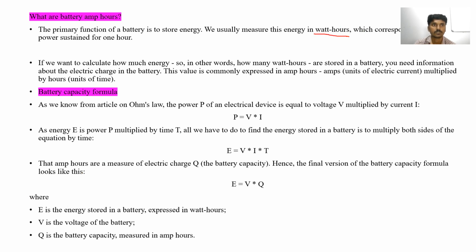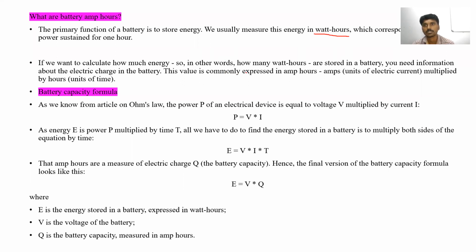If you want to calculate how much energy is stored, in other words how many watt hours are stored in a battery, we need information about the electric charge in the battery.